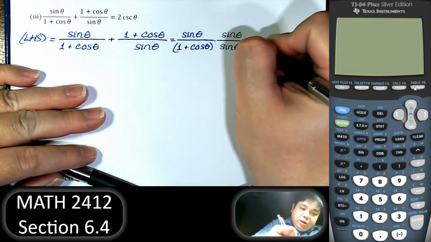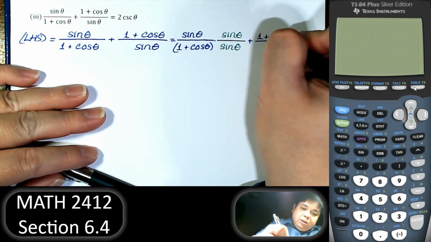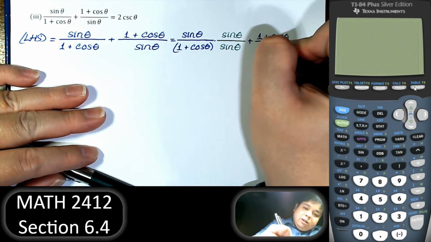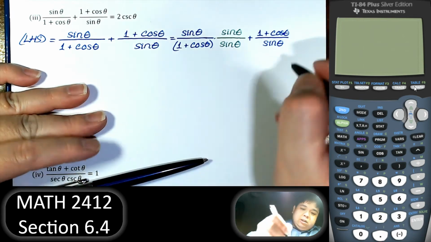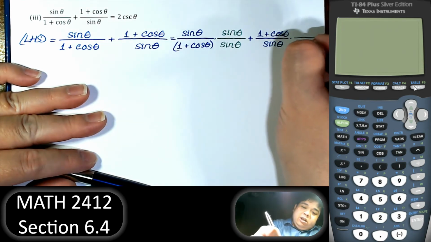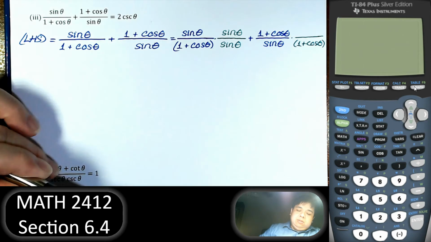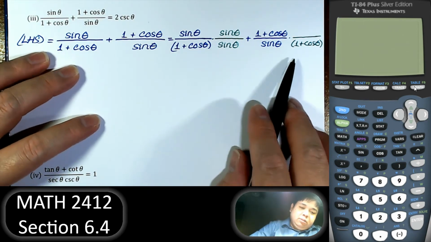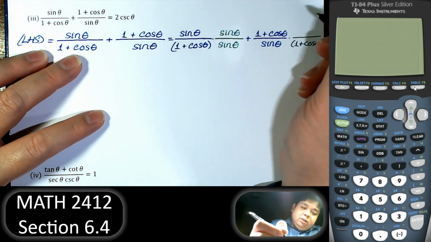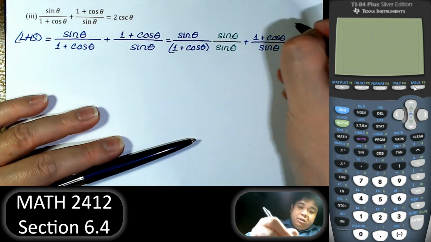And then on the other one, 1 plus cosine and sine, I'll multiply by the 1 plus cosine. So I have the common denominator. And the top, of course, has to be the same thing.